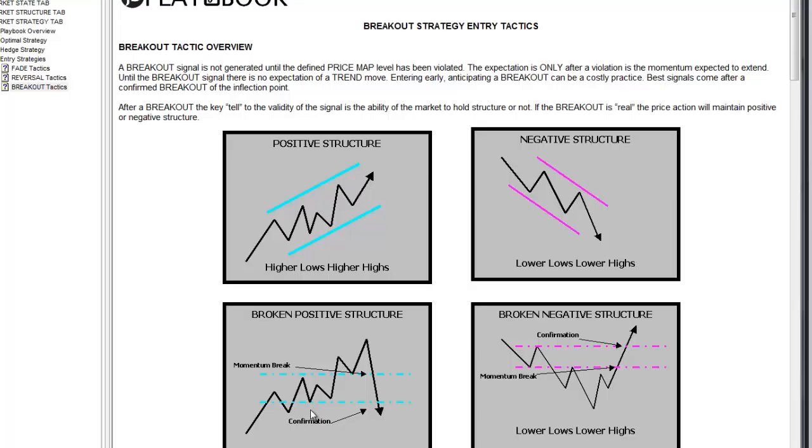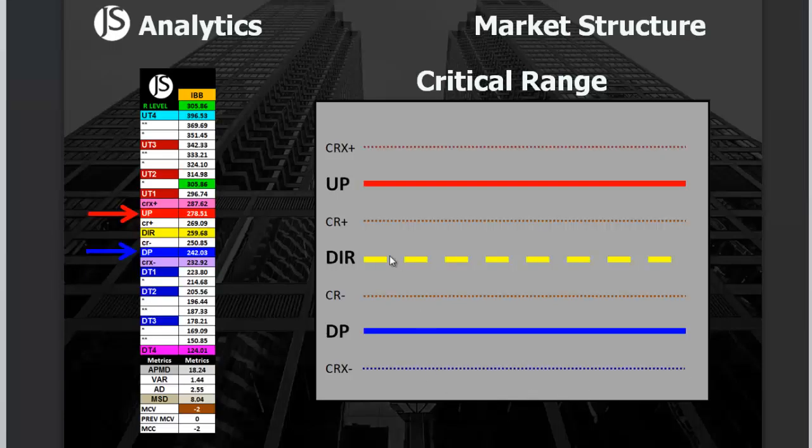If we get a second structure break, that's confirming that this trend is no longer true, and we might be either in transition into a new negative trend situation, or maybe just into a digestive trading environment. Just as we're watching price action, we're watching it within market structure. So we're going to look for that price action to hold positive structure, but we're also going to look for the market to hold positive or negative market structure, which is basically climbing the price map ladder, climbing the structure ladder.